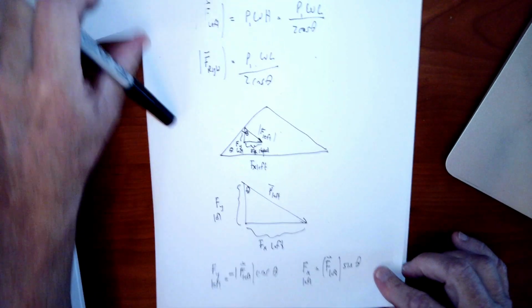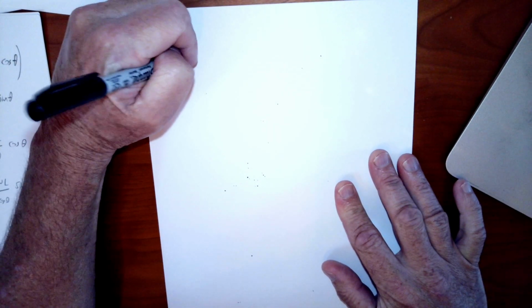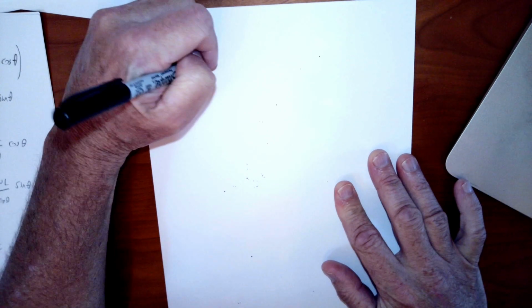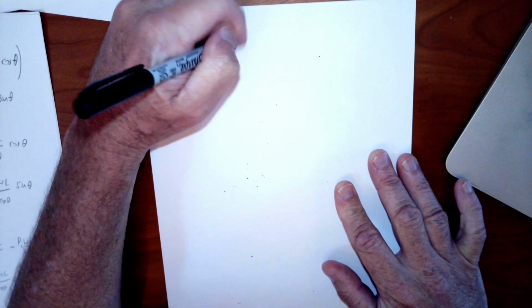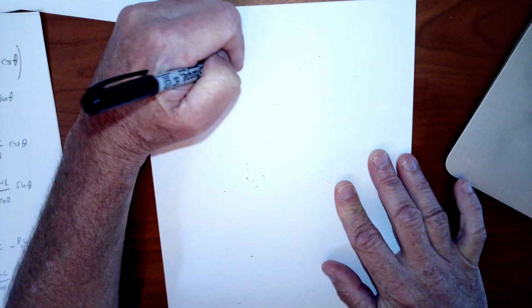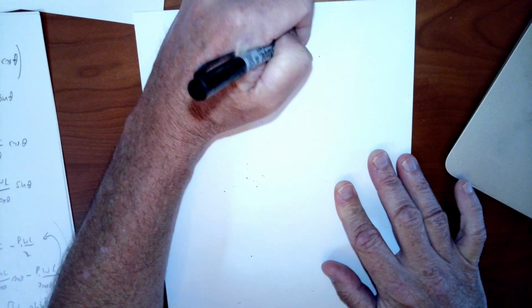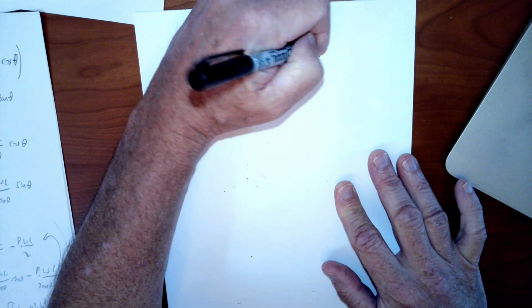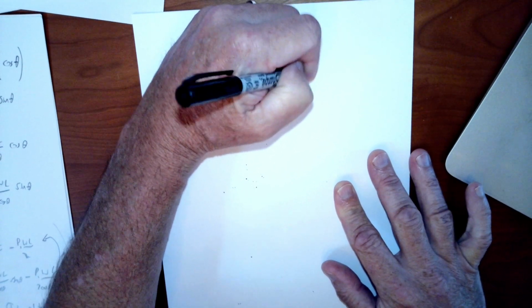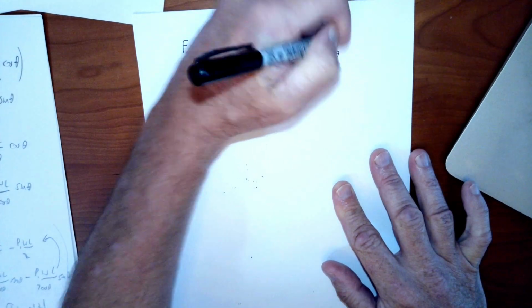All right, so now I can write these down for all of them. So I'm going to go ahead and write all 4 of the forces. So I have F left y equals minus the magnitude, this is the one we just did, of F left times cosine theta. But that's equal to minus P1 W L over 2 cosine theta times cosine theta.